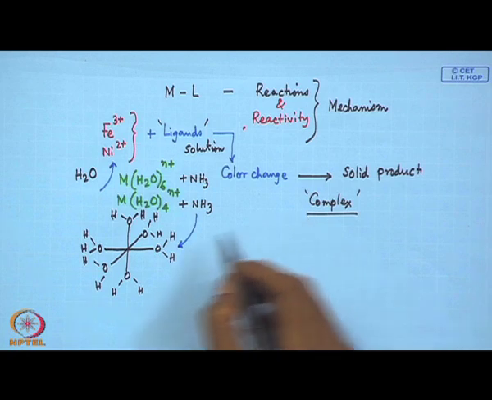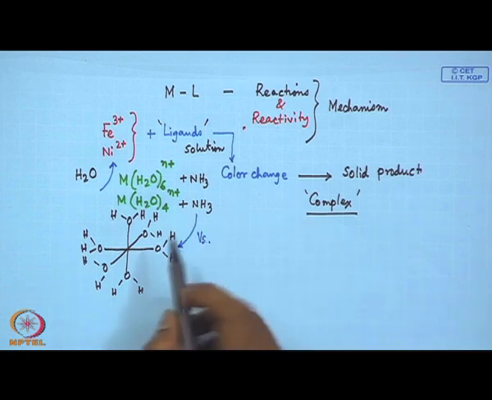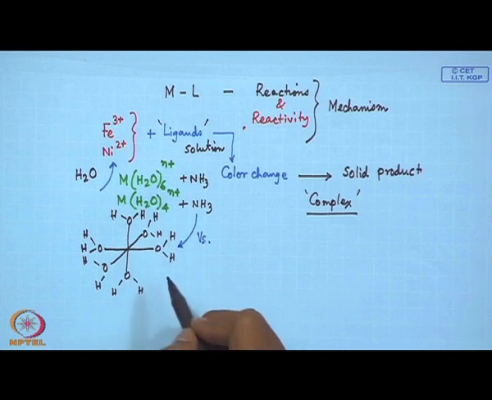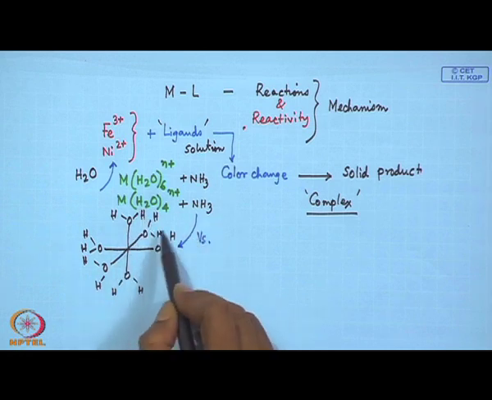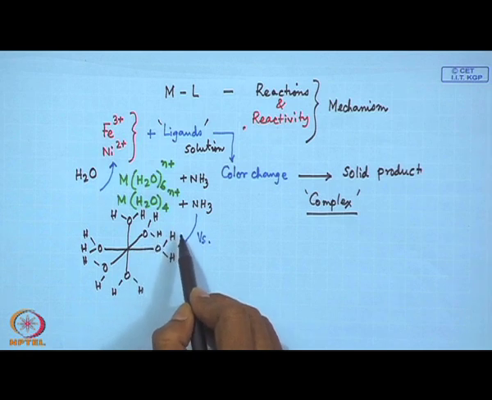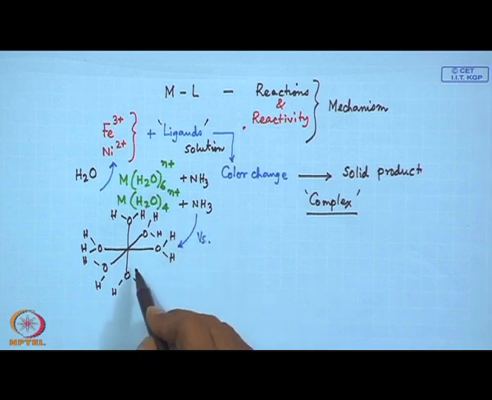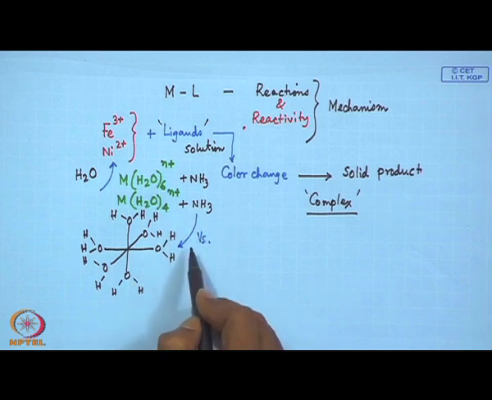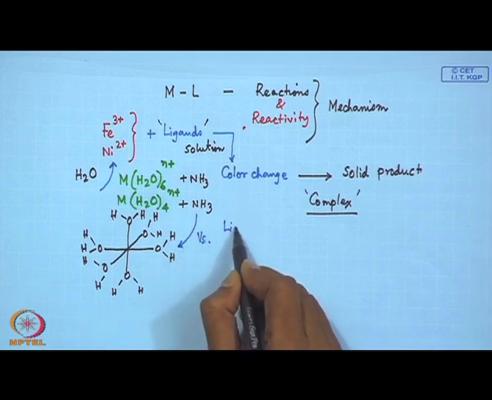So, we can compare the reactivity pattern of ammonia and water, because why will this water molecule leave the coordination sphere of say iron or nickel when ammonia is coming to replace the water molecule as their original ligand. So, in terms of the reactivity of these aqua complexes, we find it as the corresponding ligand substitution reaction.